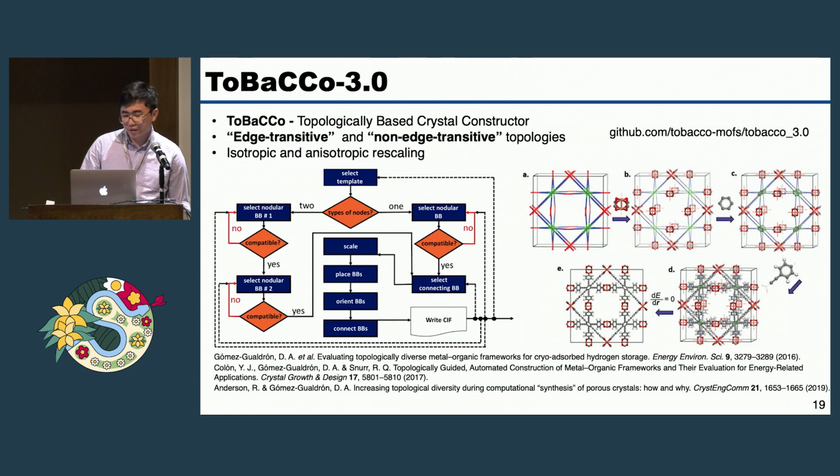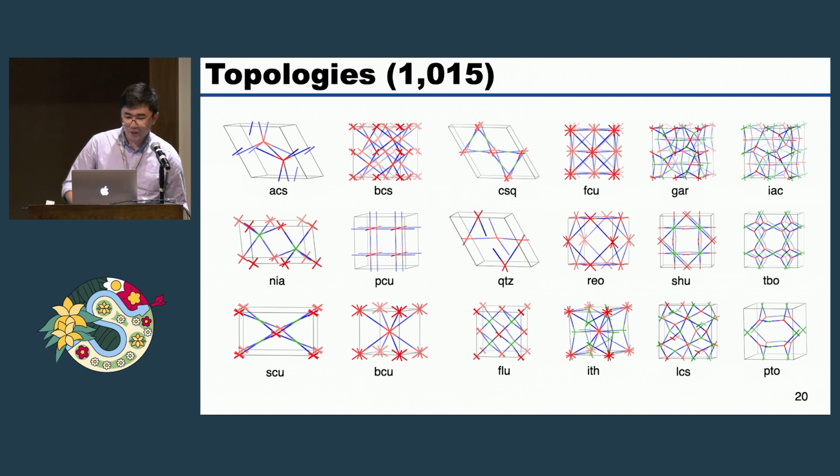It was developed by Yamil Colón and Diego Gómez-Gualdrón. It's a really good package. We selected more than 1,000 topologies, and we think topology is very important to heat transport because it primarily dictates how the metal nodes and organic linkers are connected in three-dimensional space.